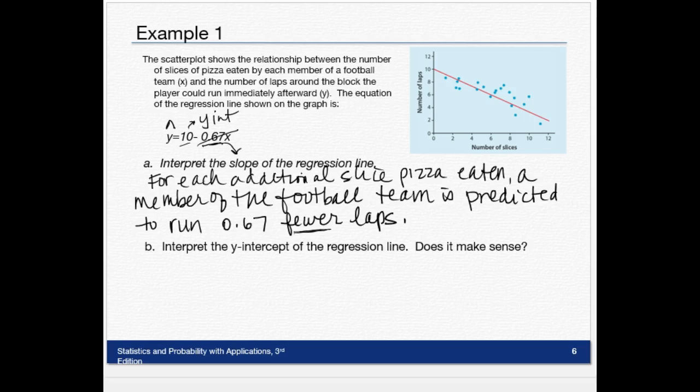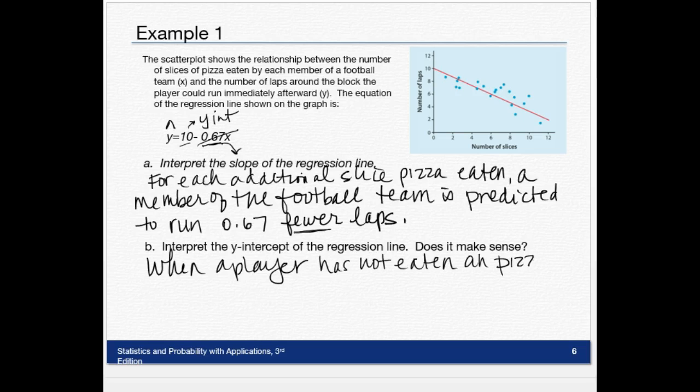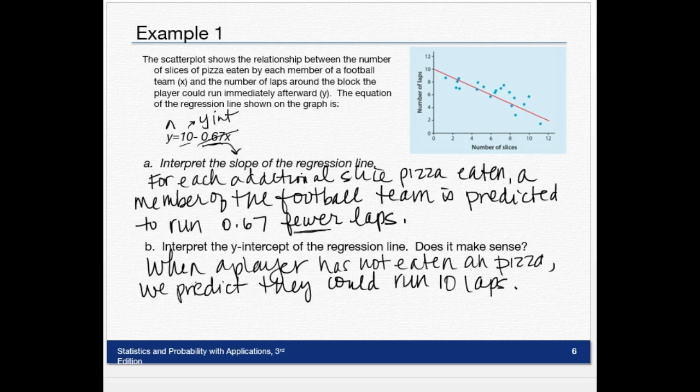All right, so let's interpret it first, okay? When a player has not eaten any pizza, we predict they could run 10 laps. Okay, does this make sense? Yes. This makes sense.